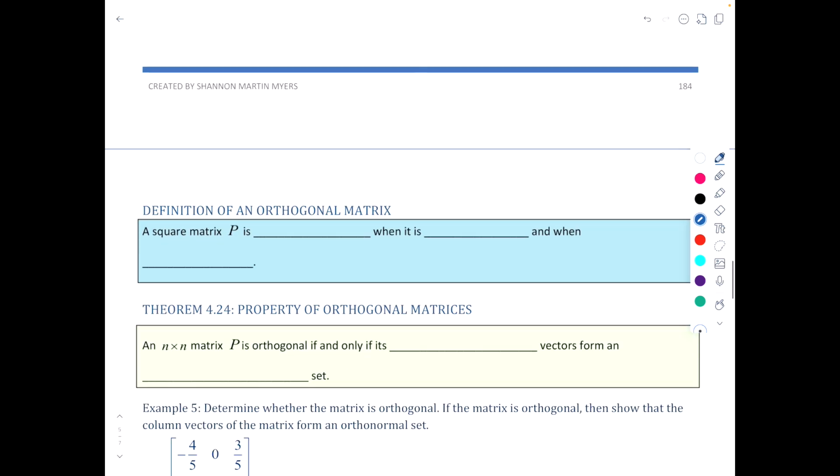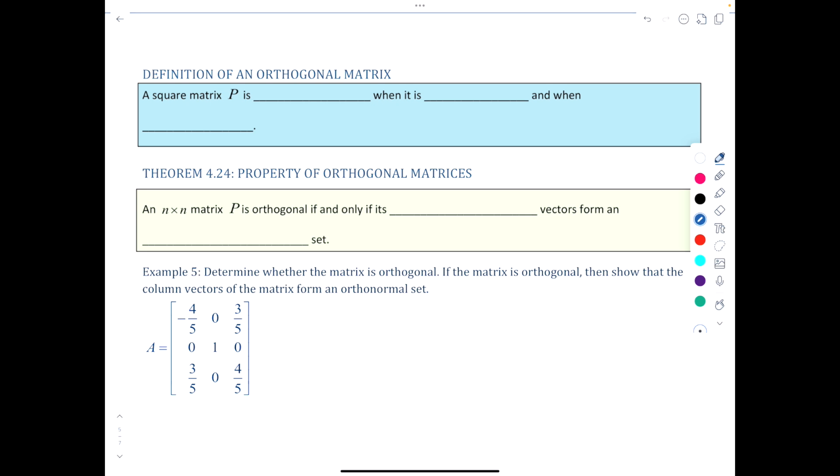So the next step is definition of an orthogonal matrix. So a square matrix P is orthogonal when it is invertible and P inverse equals P transpose.